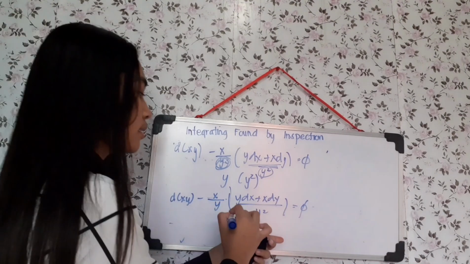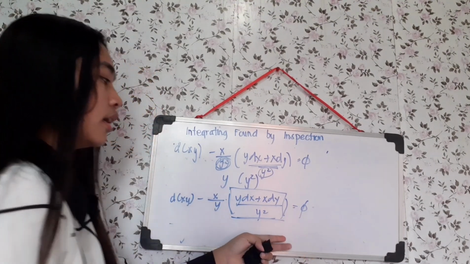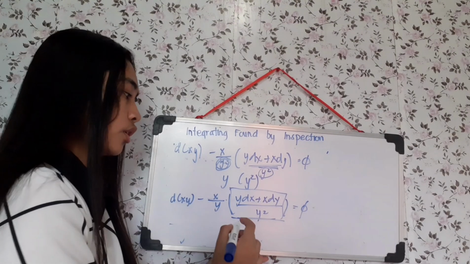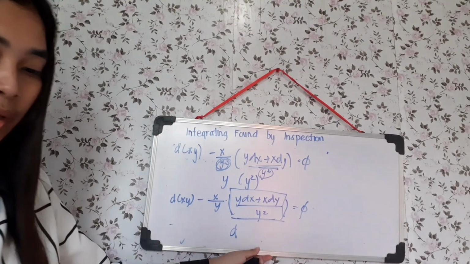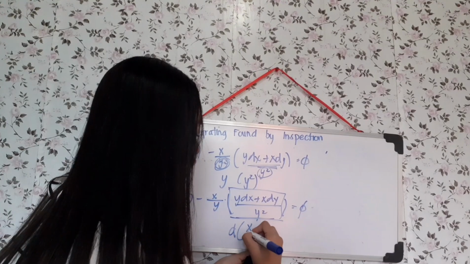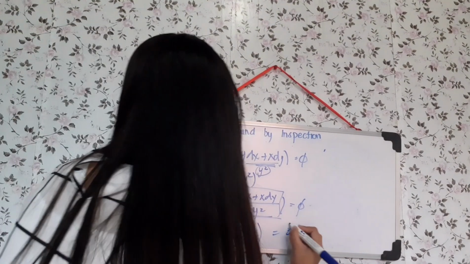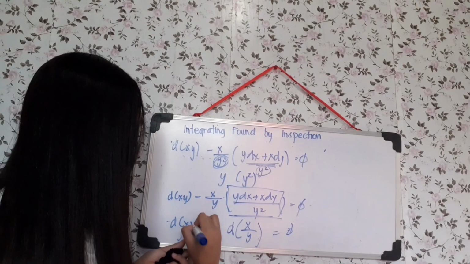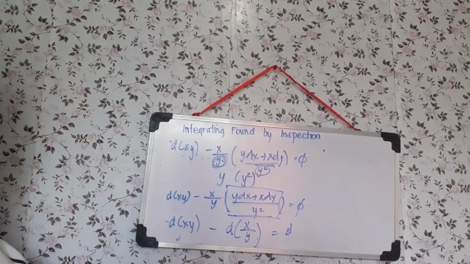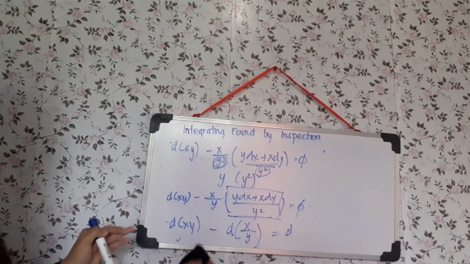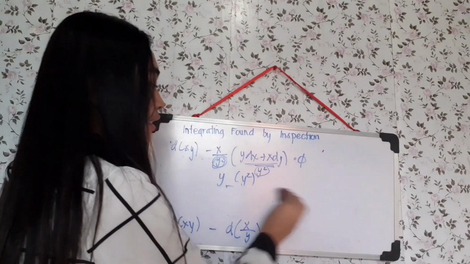This is also written as the derivative of x over y. So it becomes the derivative of xy minus the derivative of x over y is equal to 0.